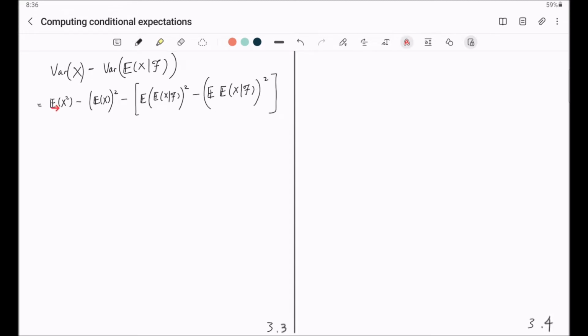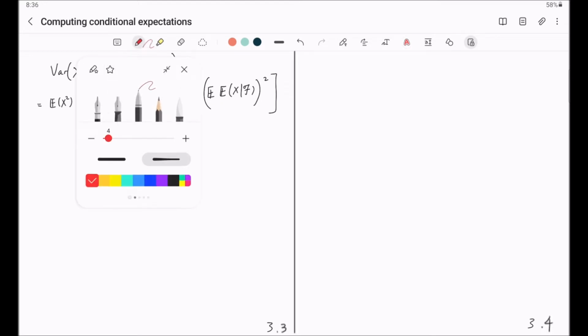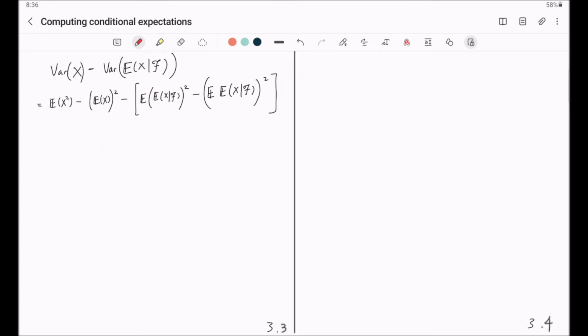Now let us look at these four terms. A quick observation is that by the law of total expectation, this term is equal to just E of X. So this part and this part will cancel out.